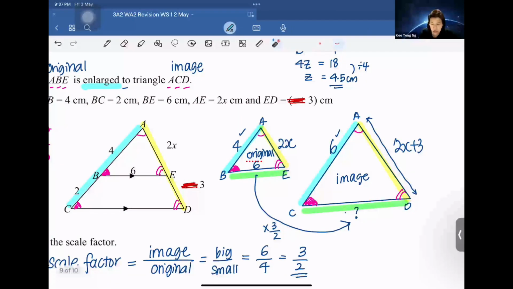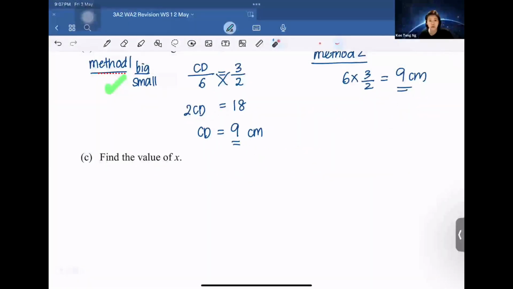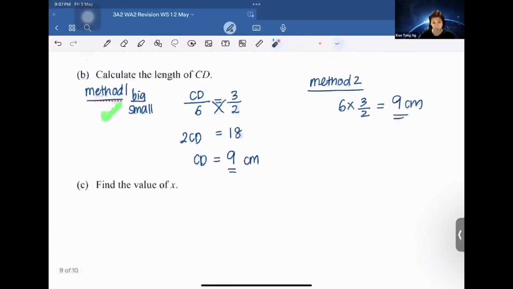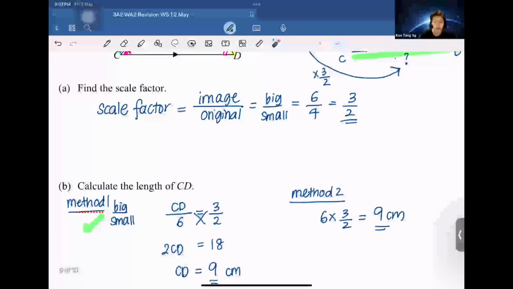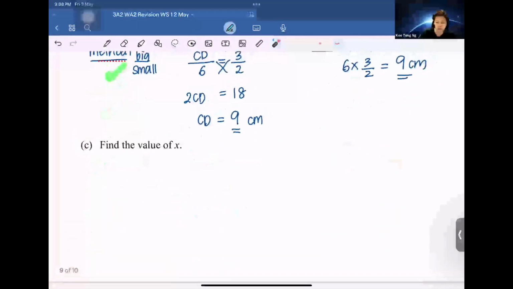Now, how are we going to find the value for x? If I want to find the value for x in the question itself, I'll need to find a ratio given to me, then find a pair of matching sides that has x inside it. In this case, I can see that there is a ratio over here. This is the ratio for big over small, 3/2. So I should use my ratio, big over small.